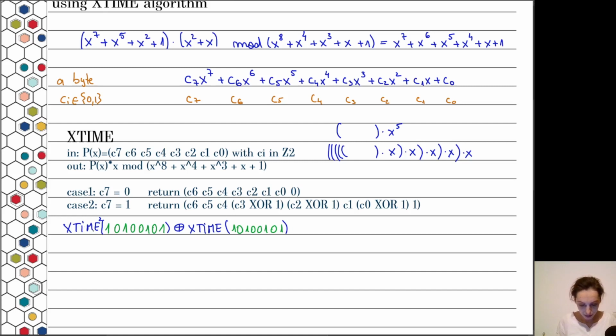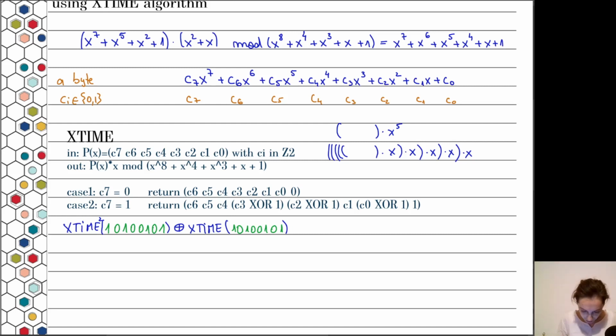So XTIME over this polynomial once, then XTIME on the result of the first computation. Then XORed with XTIME by this polynomial, because we have this polynomial times x. So in the end we are expecting to get this polynomial x times x powered by 7 and so on.